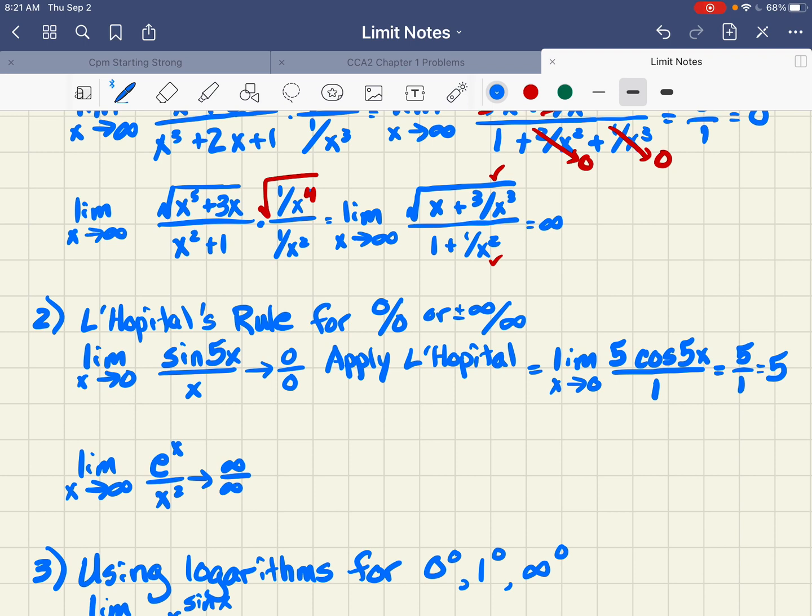Please notice I used an arrow there and not an equal sign. An equal sign is incorrect because 0 over 0 or infinity over infinity is not a value, so you can't say it equals. So I generally use an arrow there to be mathematically correct. You should too. The AP test will not like it if you write equals infinity over infinity.